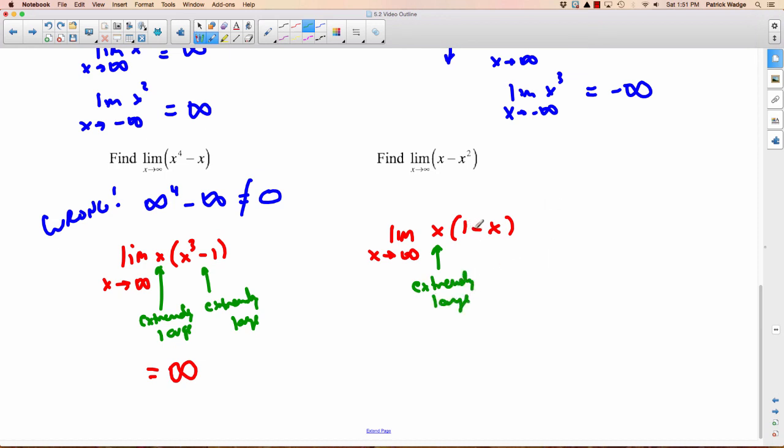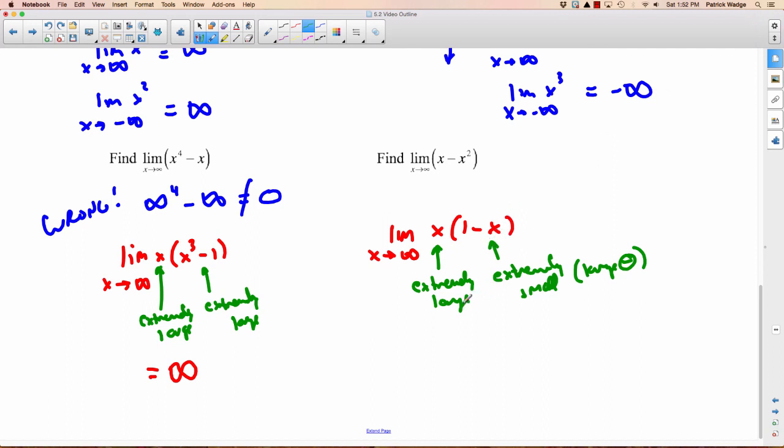Okay, when you put in 1 minus x, if you put an extremely large number in here, a huge number, and then you go 1 minus that number, what kind of number are you going to get? You're going to get an extremely small number, is one way you can think of it, or if you want, you're going to get a very large negative number, right? Think if this is a couple trillion. Well, 1 take away 10 trillion is negative 9,999,999,999,999, whatever.